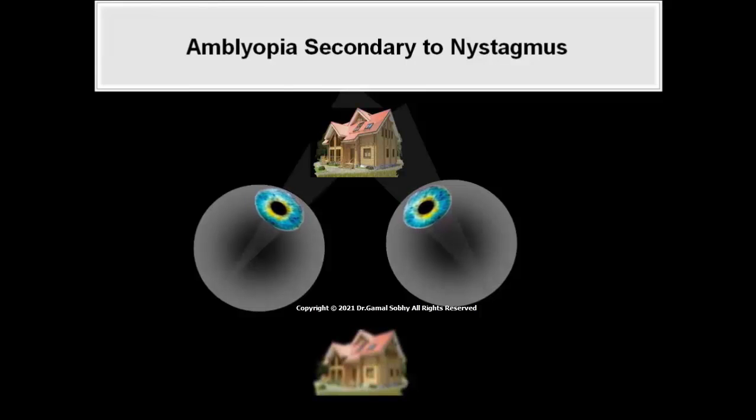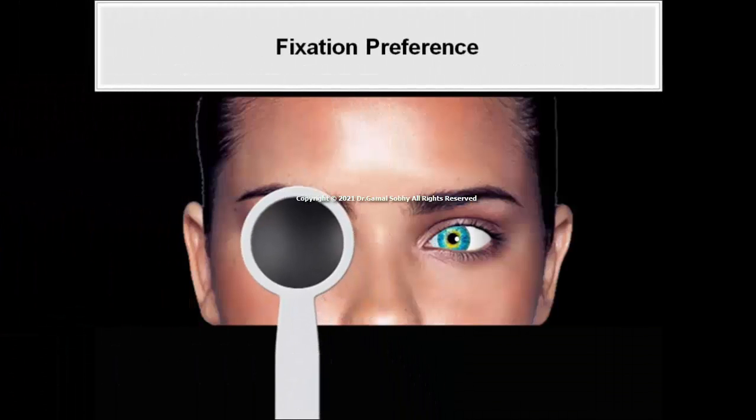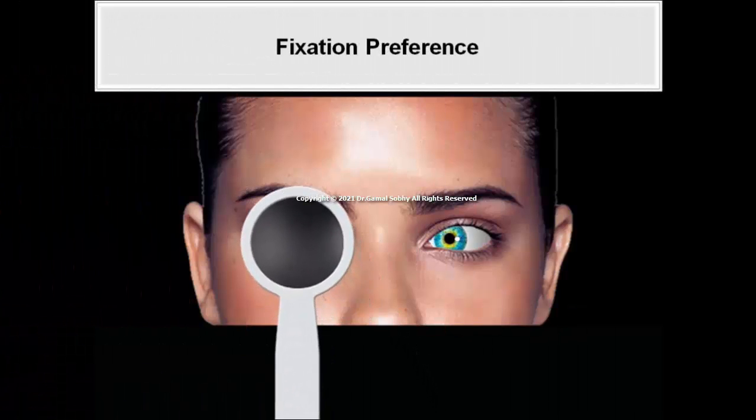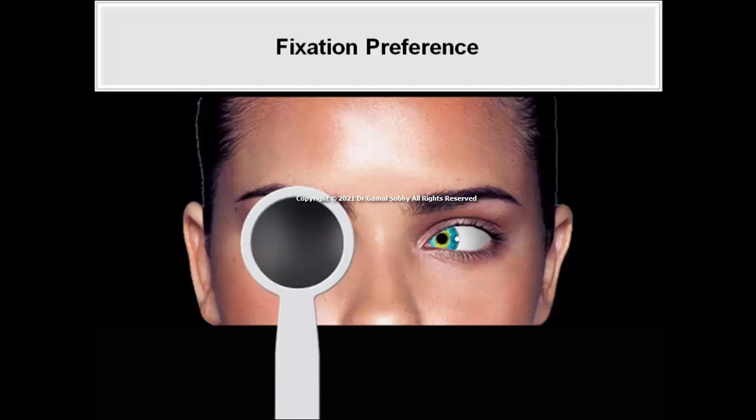The effect of abnormal eye movements on visual threshold is significant in patients with nystagmus in its latent and manifest forms. Fixation preference can be detected by the presence of searching nystagmoid movements of the deviated eye when the fixating eye is covered. Fixation preference can also be detected by observing the length of time required for the fixating eye to resume fixation once the cover is removed.